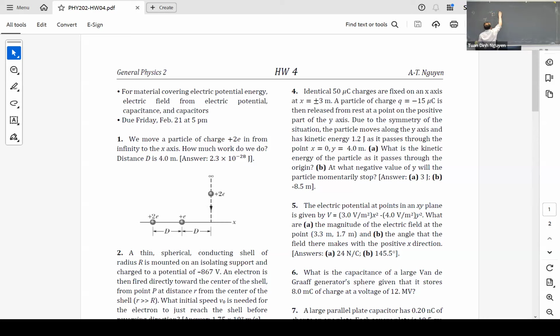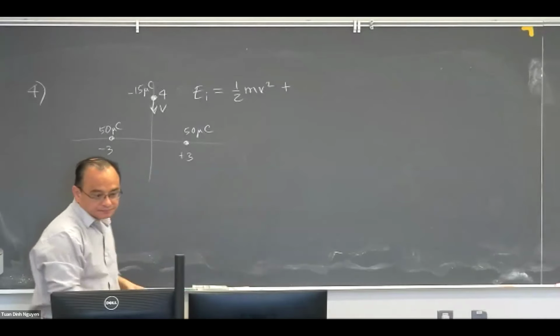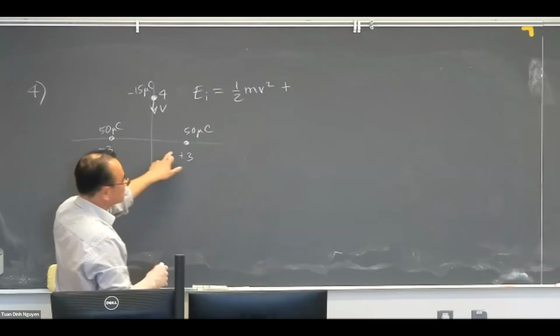At this point, the total energy is going to be 1/2 mv squared plus the potential energy due to these two. Let's call this 1, 2, and 3.